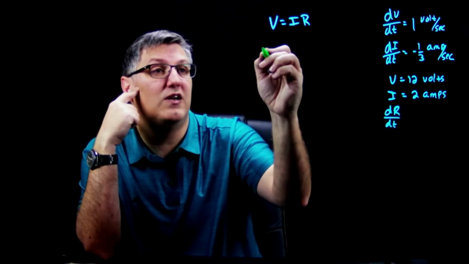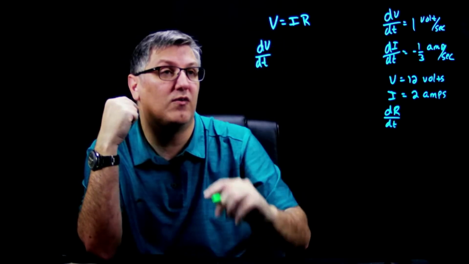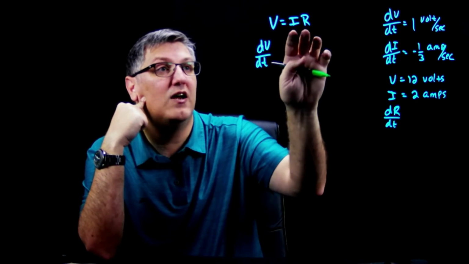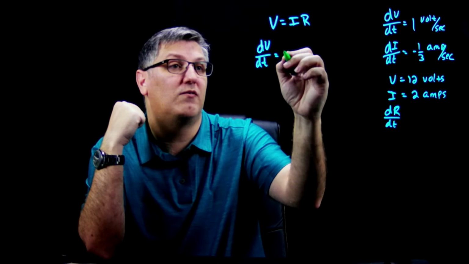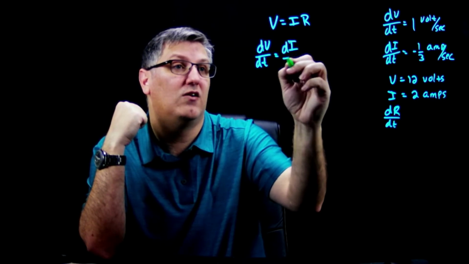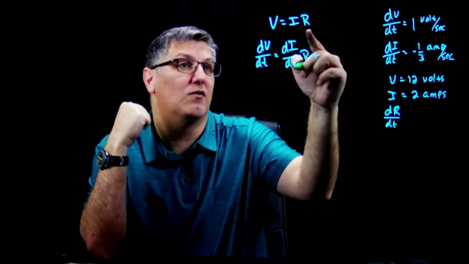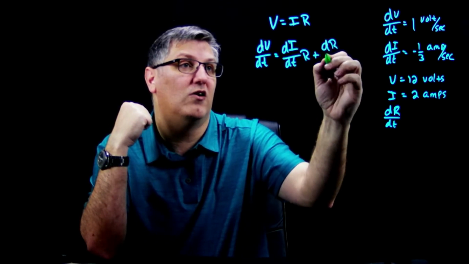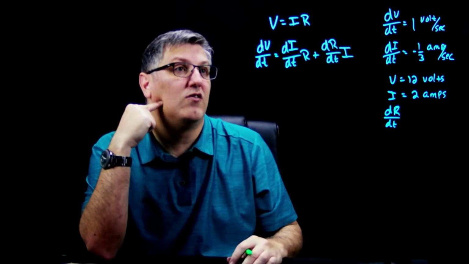So this side's pretty easy. It's going to be dV/dt, derivative of V with respect to time. Here, I'm multiplying these, so I have to use the product rule. So I'm going to take the derivative of the first, so dI, leave the second alone, plus take the derivative of the second, R, leave the first alone.